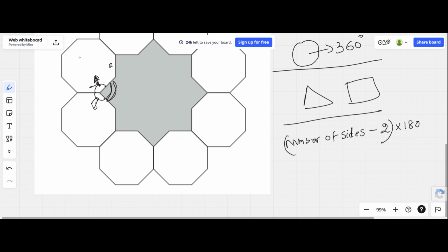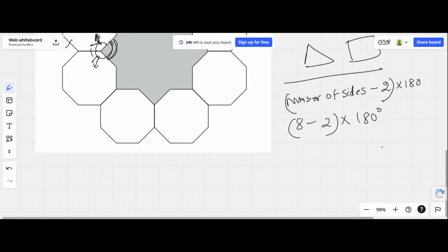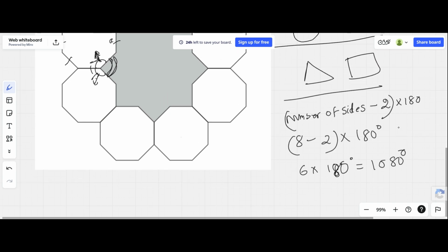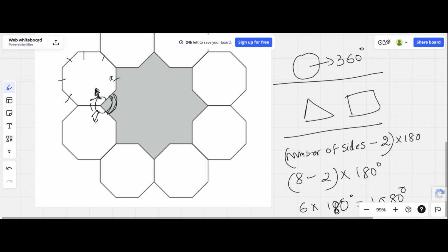So how many sides? This octagon has 8 sides. You see here, 1 2 3 4 5 6 7 8. The name octagon means 8 sides. So 8 minus 2, that is 6, into 180 degrees. So it will be 1080. This 1080 is the sum of interior angles.